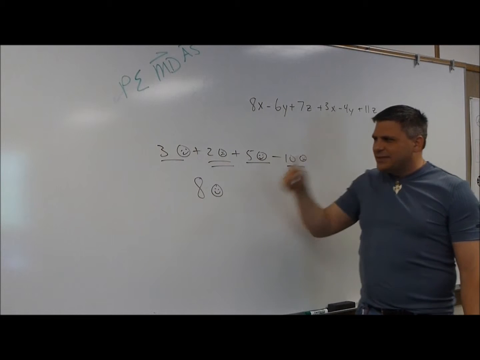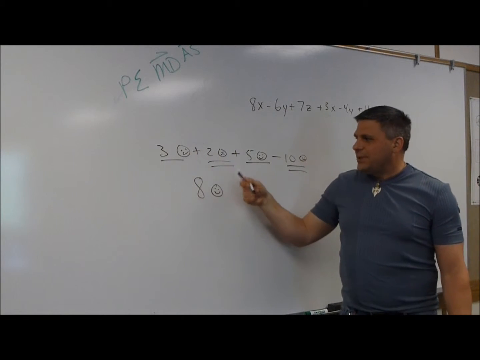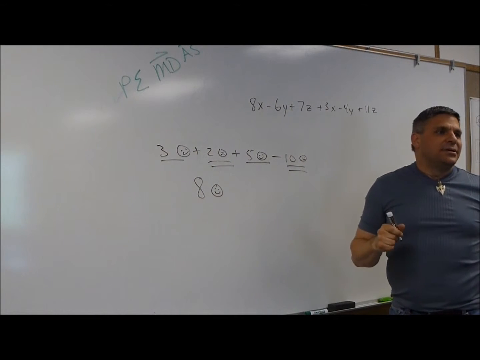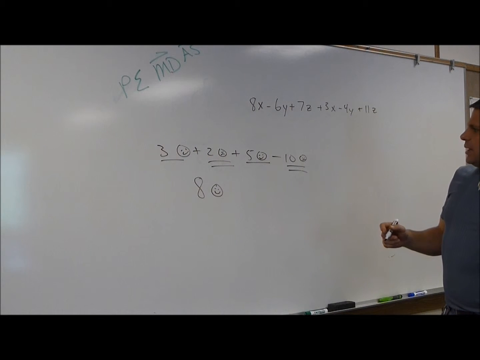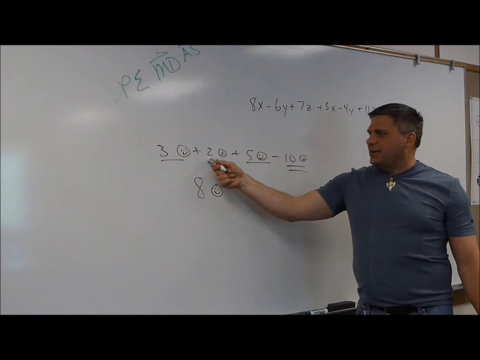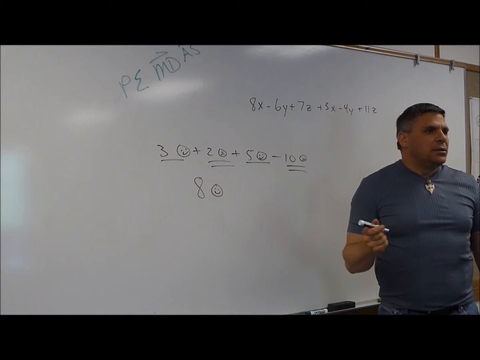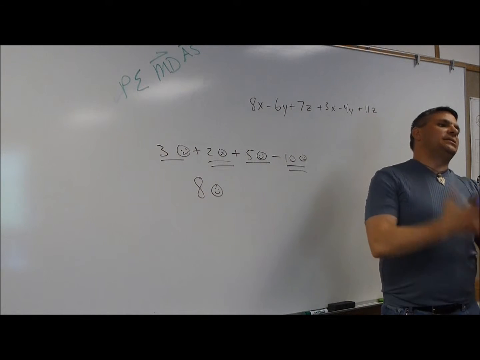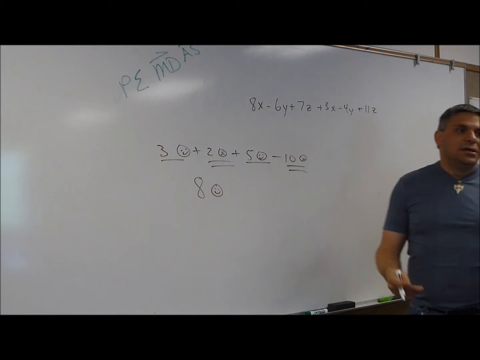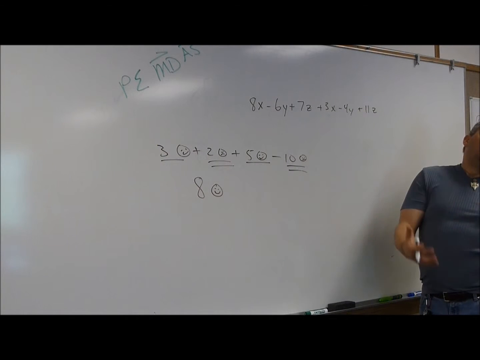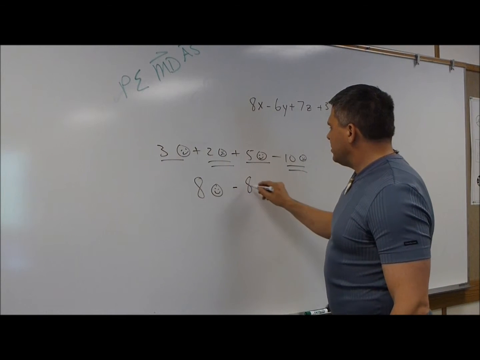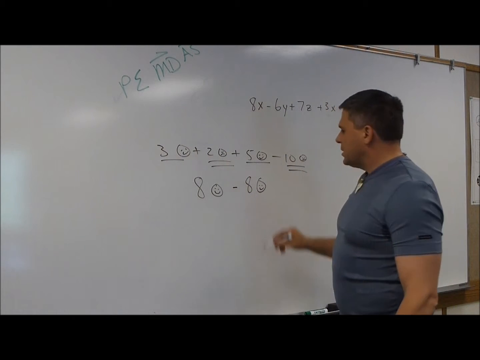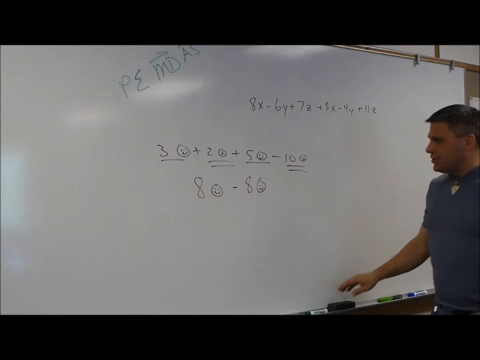It's because I'm telling myself, oh, happies go with happies, sads go with sads. So I'm using those lines as a technique. And so how do I add 2 and negative 10? Well, we know how to do that. It's just negative 8, right? So we're negative 8 sad faces. Okay? And that's kind of a start.